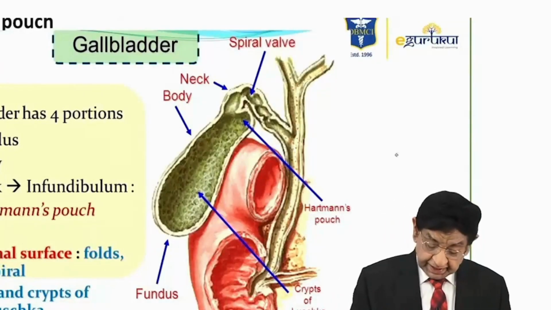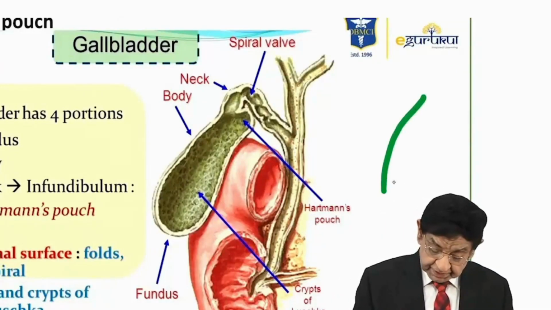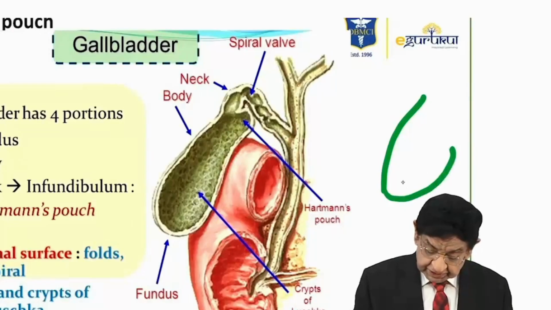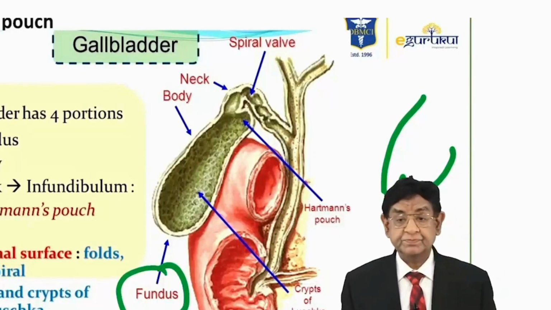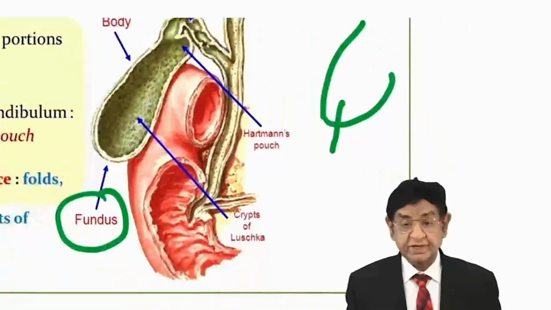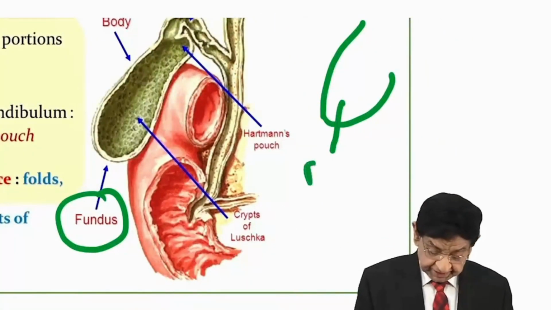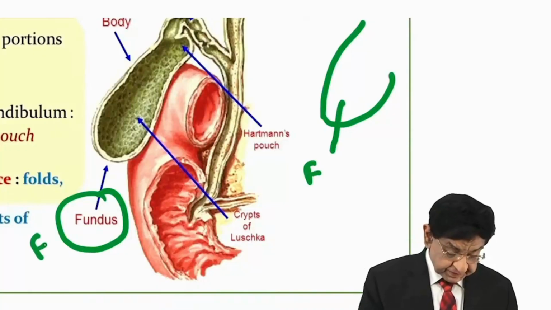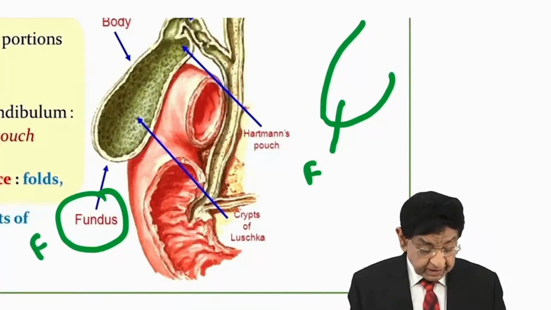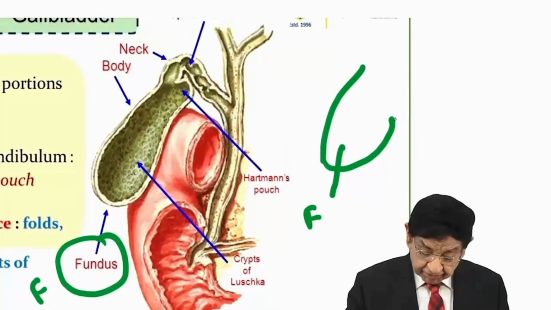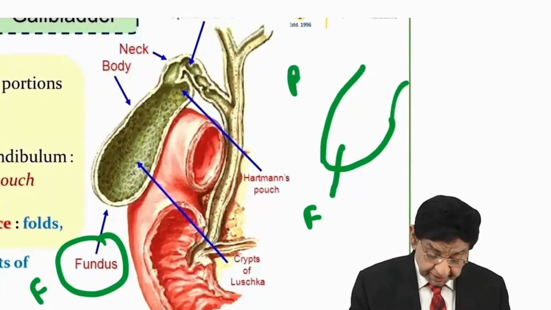So here is the fundus of the gallbladder. This is the fundus. And this is the body of the gallbladder.